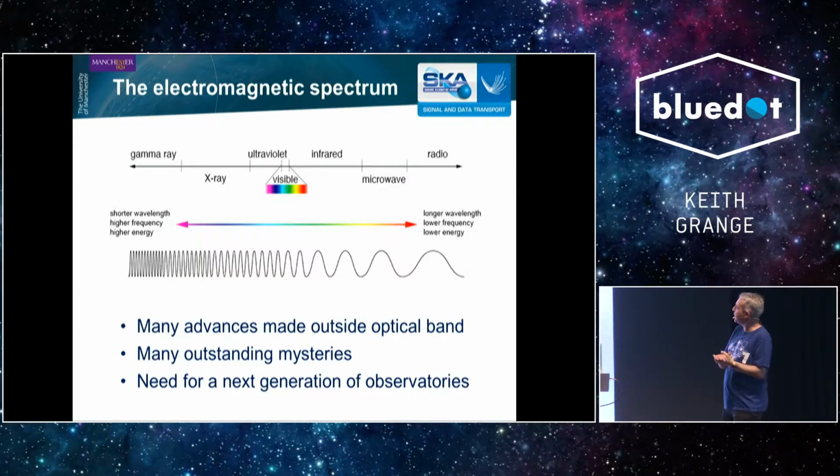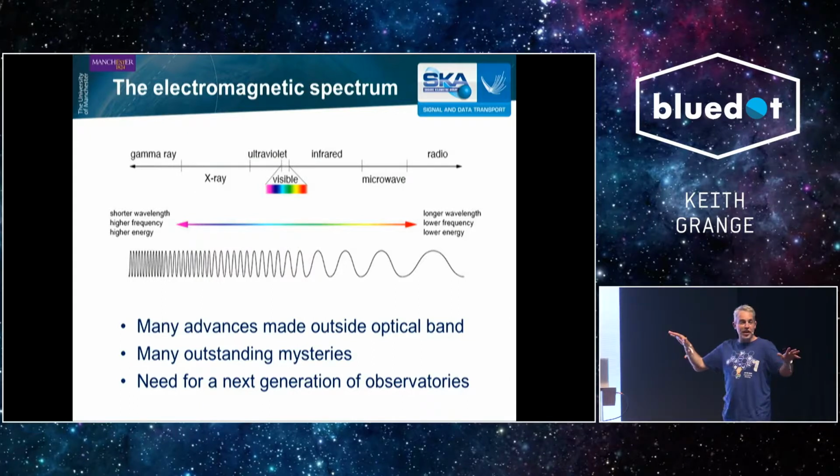However, as this plot here is designed to show, that's only a very small chunk of the entirety of the electromagnetic spectrum, which goes all the way from gamma rays and X-rays over to the infrared, microwave, and then at the longest wavelengths, the radio.